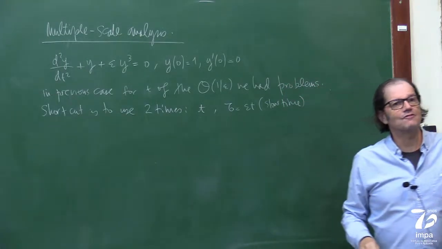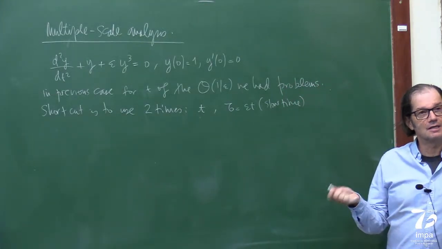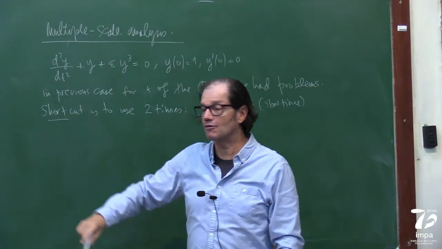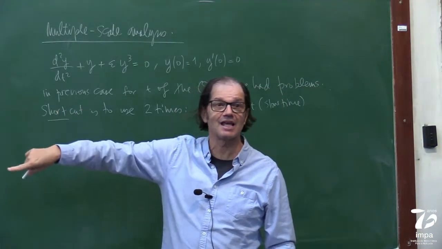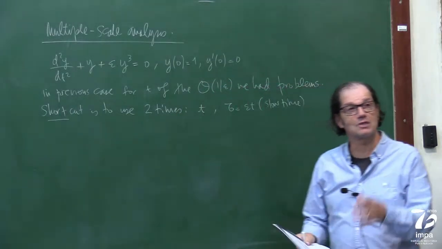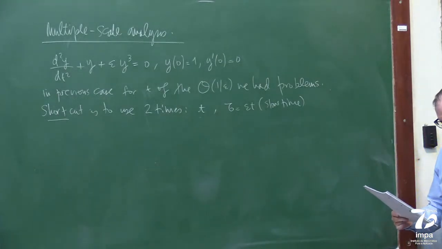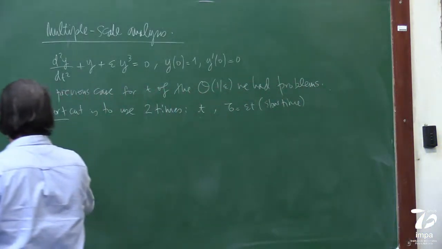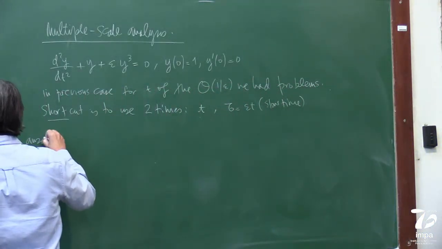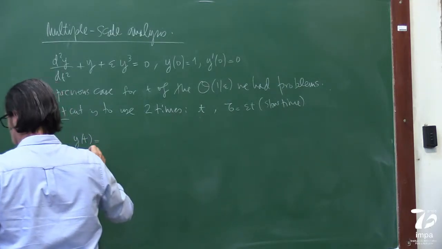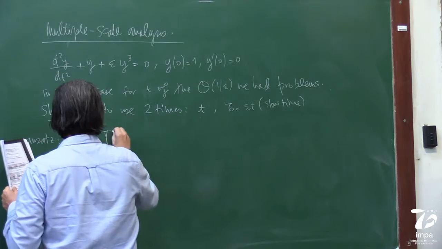And let's see how it helps us in making this a shortcut in the sense of getting the same result with less work. Okay? And actually in a more, I would say, intuitive way. Okay? Now, so our ansatz is going to be y of t is equal to this.